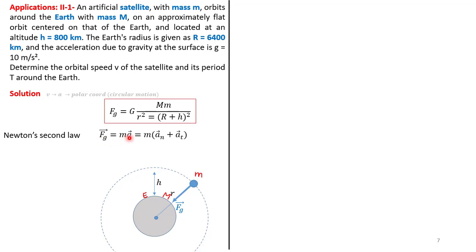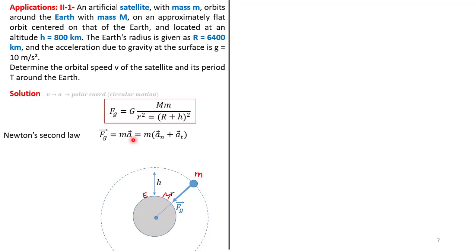Okay, in this exercise we will use the normal and tangential accelerations because we have a circular motion. Okay, let's take it as a general rule. Whenever we have a circular motion, it's very convenient to use the normal and tangential accelerations because these will simplify our solving of the exercise.